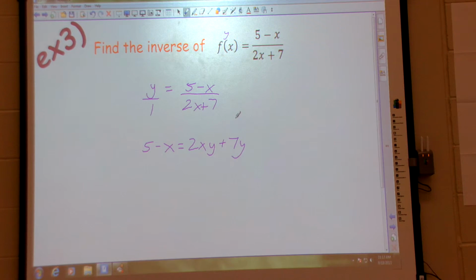Give it to both. Now from here, remember I get all my x's on one side, everything else on the other. So I'm going to try to keep x as positive as possible. I'm going to take this over. Then I'm going to take that over. So I really have 5 minus 7y equals 2xy plus x. So I took that x to the other side, I took that 7y to the other side.